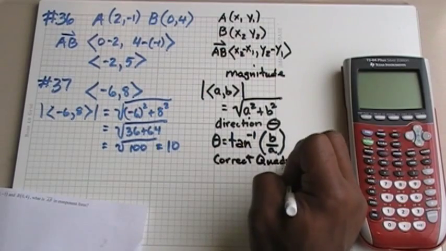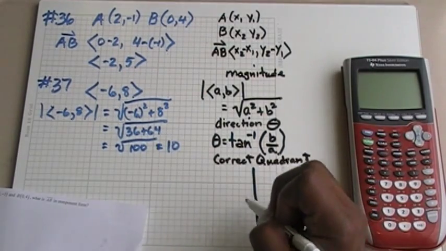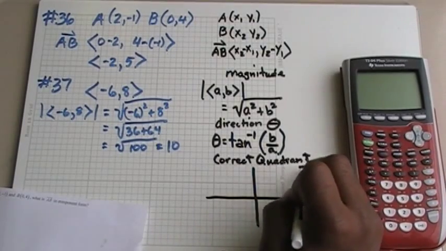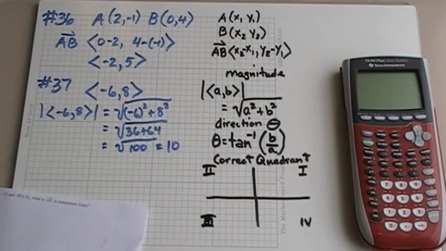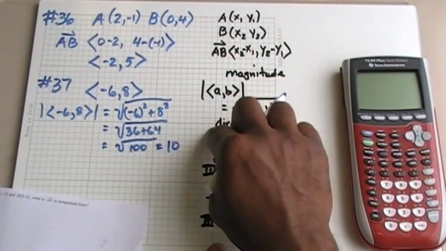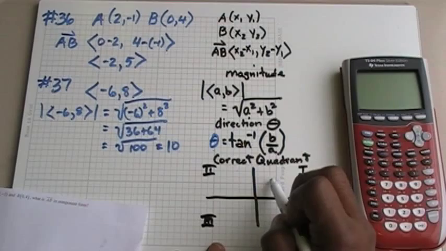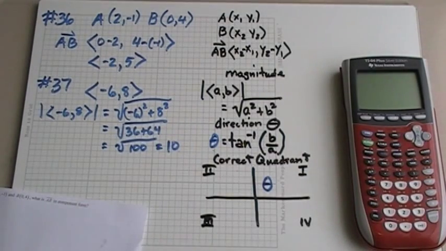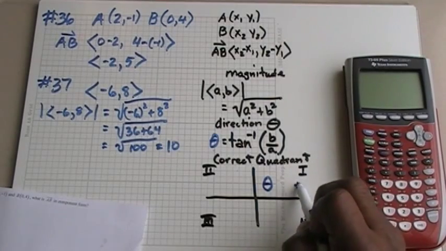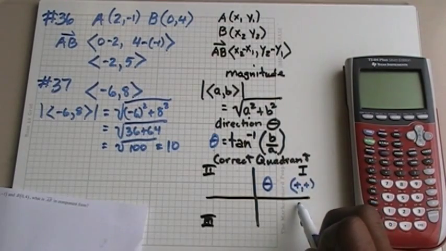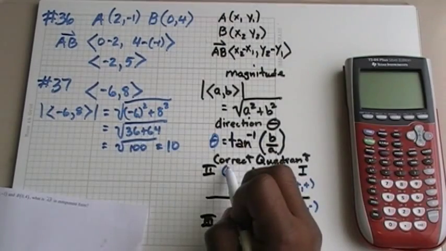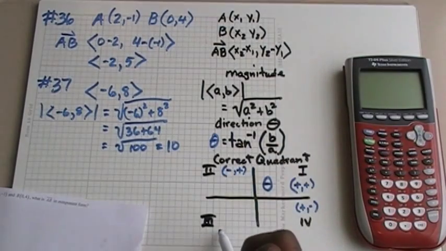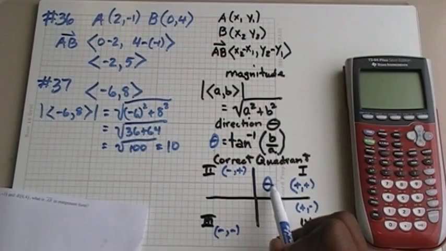Not much different. If this is first, second, third, and fourth quadrants, with theta, if it's in the first quadrant, theta is the answer. Signs are plus plus, minus plus, minus minus, and plus minus in the other quadrants.